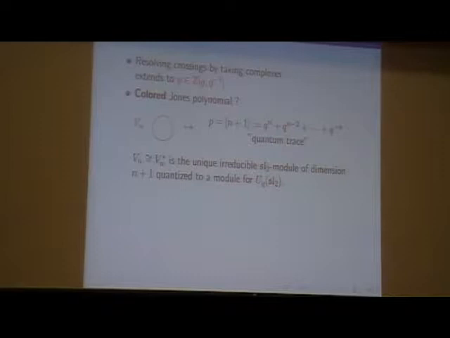And why is it a trace? So it's the definition of a trace. We take a ground ring or field, let's say this is in our setup Z[q, q inverse]. So this V_n is a module over this. You take V_n and V_n dual, and you have the natural map from your ground ring to here, let's say defined via this cup.